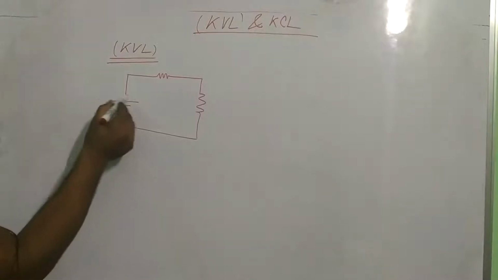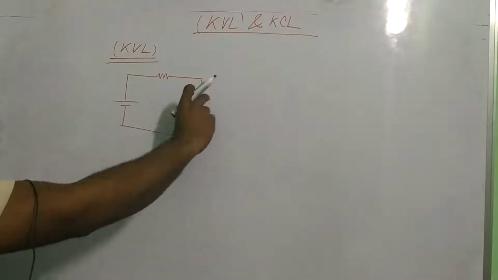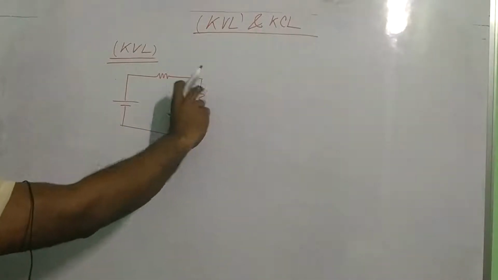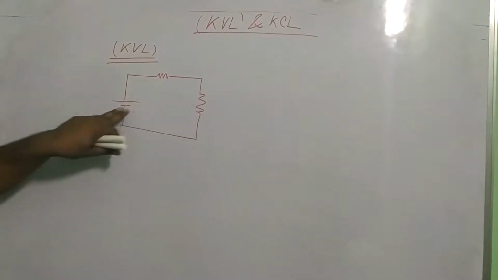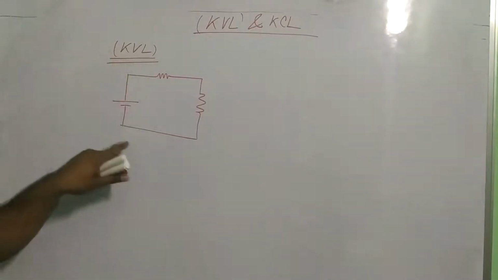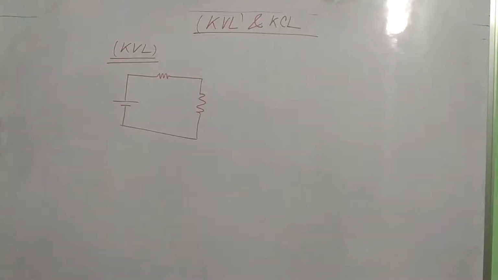Here this is a supply voltage, and here I am seeing one resistance, and this is also a resistance. The voltage drops across these two resistances and the supply voltage, the whole algebraic sum equals 0. So how to calculate?